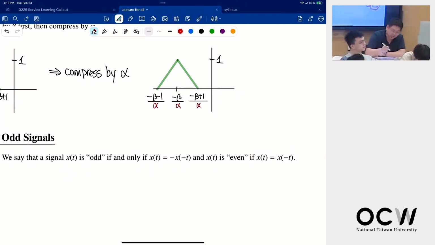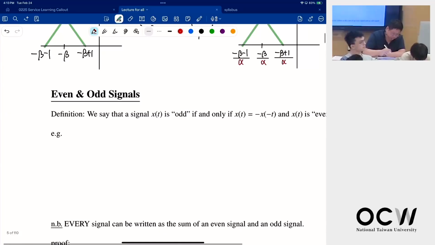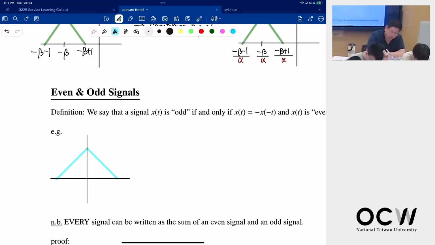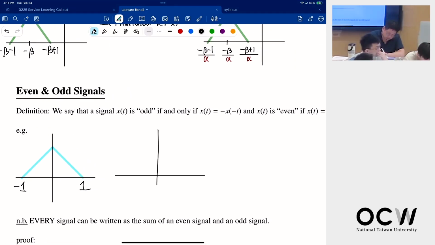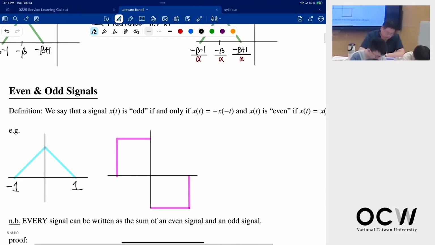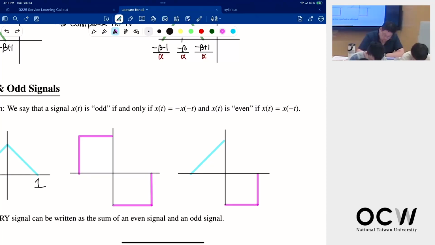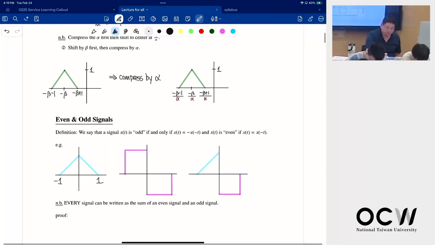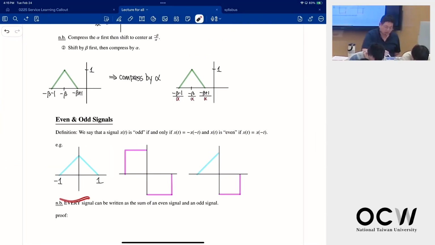For example, okay, this signal from minus 1 to 1. Is this even or odd? Which one? Also, how about this signal and this signal? Okay, so first, is this signal even or odd?